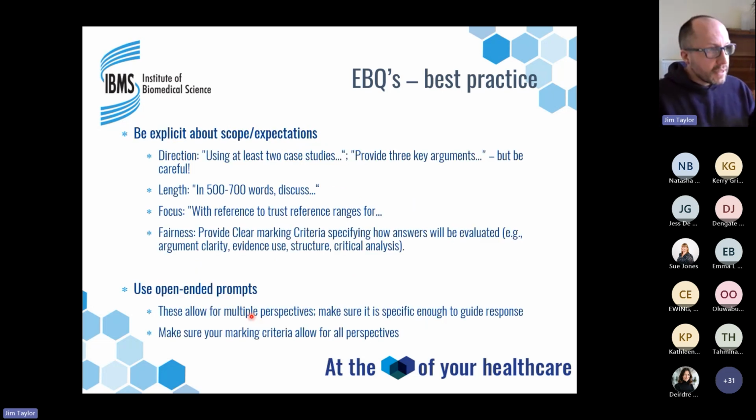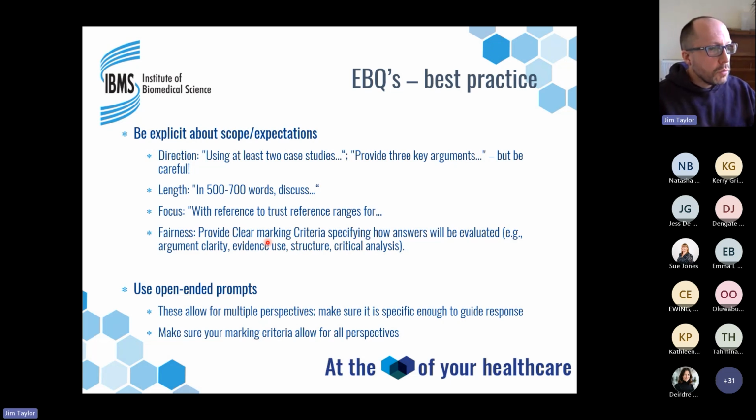Make sure that you're explicit about the scope and the expectation so that you're not reading through thousands and thousands of words when actually you only wanted 500 to 700. Make sure that you provide focus. Make sure that you provide clear marking criteria so that everybody knows in advance what it is that you're looking for in this response.